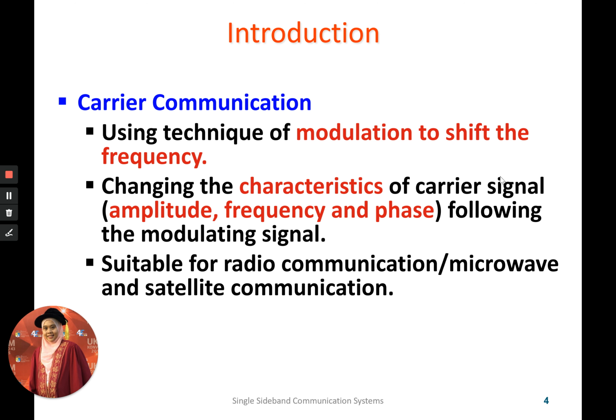Another communication system is what we call carrier communication. This is what you learned about AM. Carrier communication uses a technique of modulating the frequency or amplitude, but most of the time we modulate and shift the frequency of the carrier signal.